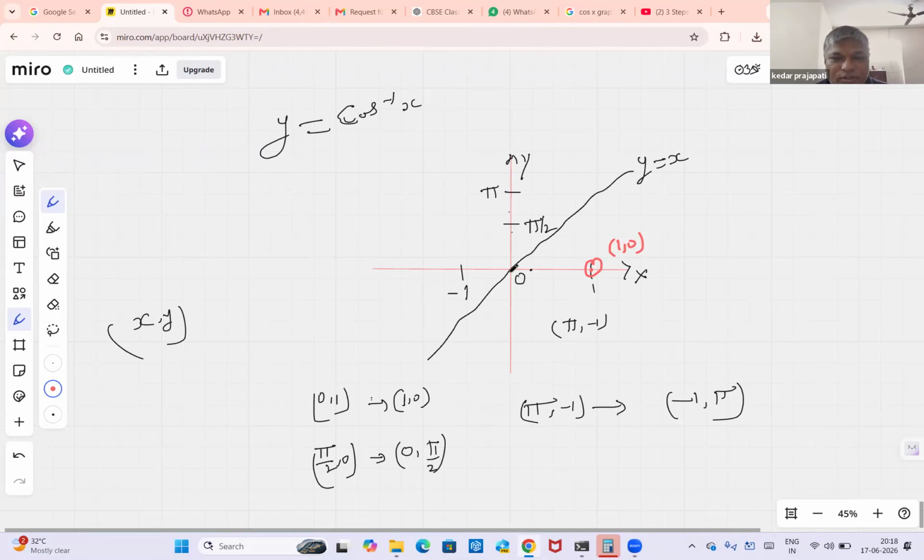When x is 0, y is pi by 2. So another point is this one. And another point is minus 1, pi. When x is minus 1, y is pi. So this point will be somewhere here, correct?